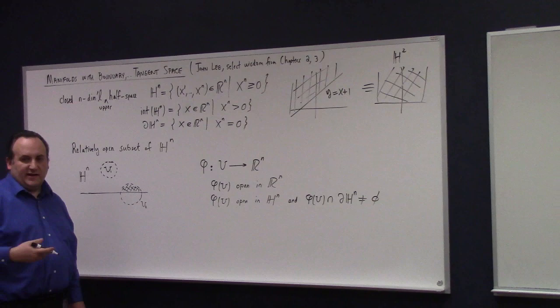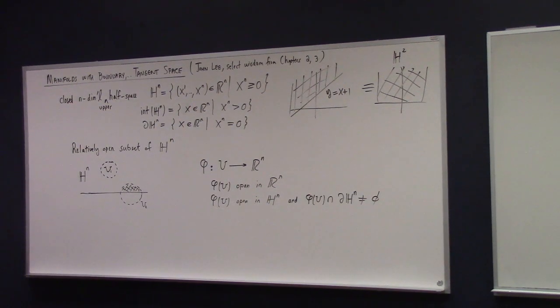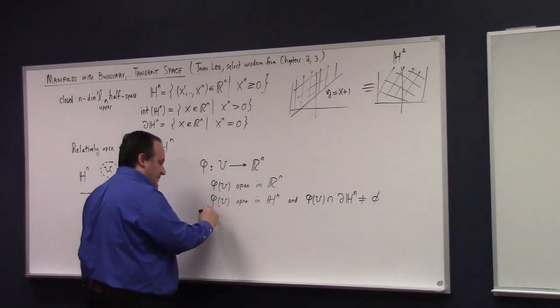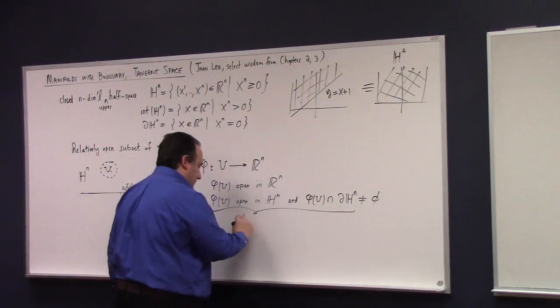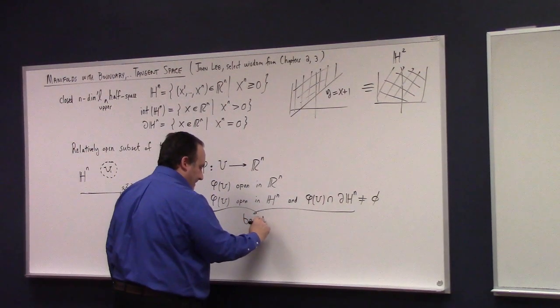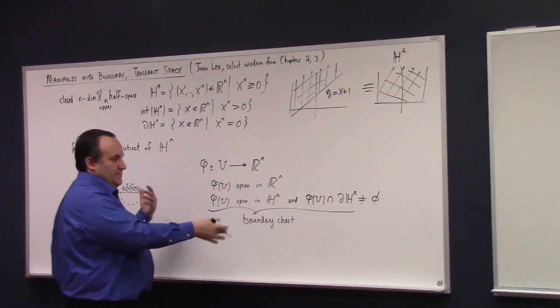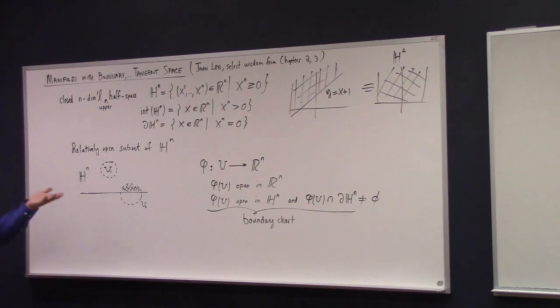Then that would be what kind of chart? This right here would be an example of what's called a boundary chart. So a boundary chart is one which hits some of the boundary of Hn, all right? And otherwise it would be called an interior chart.